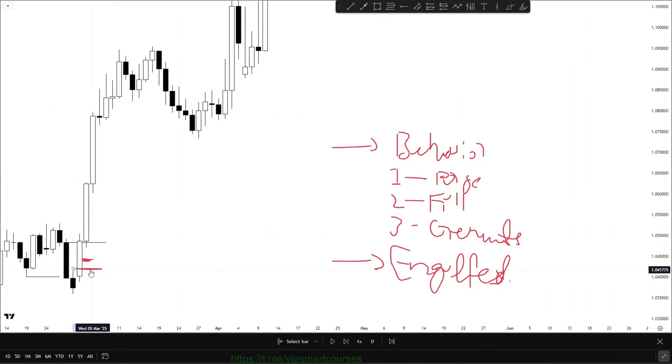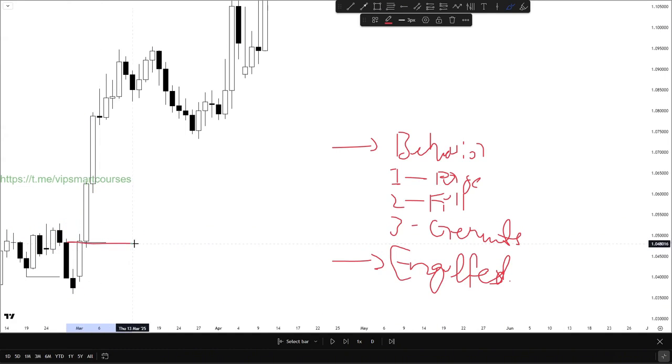But that's not the case here. Instead, price closed above these two candles as a whole. So in this case, these two candles as a whole would have been the correct order block instead of the single candle that we have below.